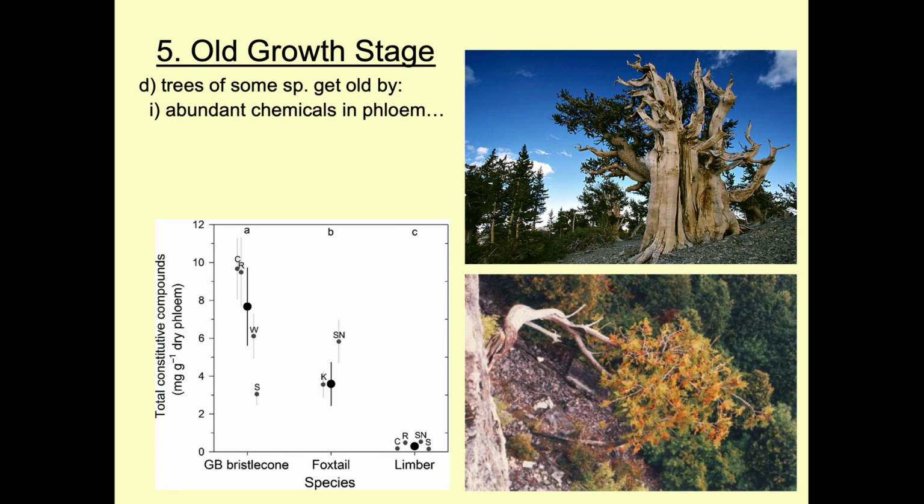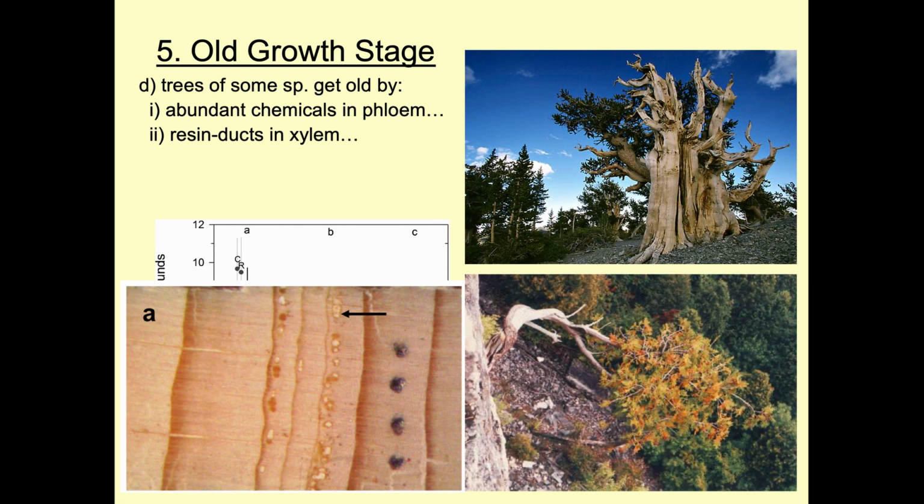So this reduces the palatability to insects whose adults or larvae try and extract nutrients from their phloem. The second reason is that their xylem contains abundant resin ducts through which resin flows. This sticky resin reduces palatability of the xylem to insects as well as bacteria and different fungi.